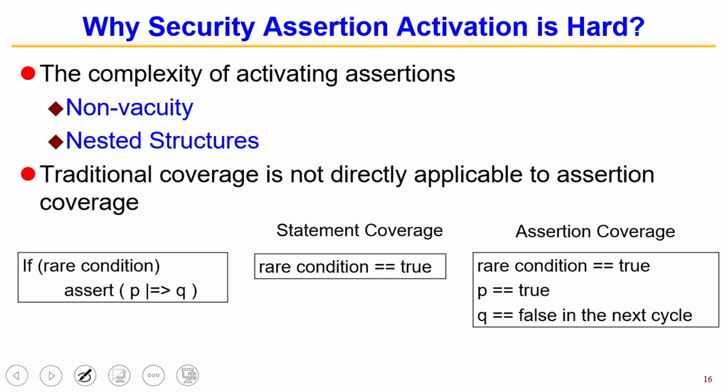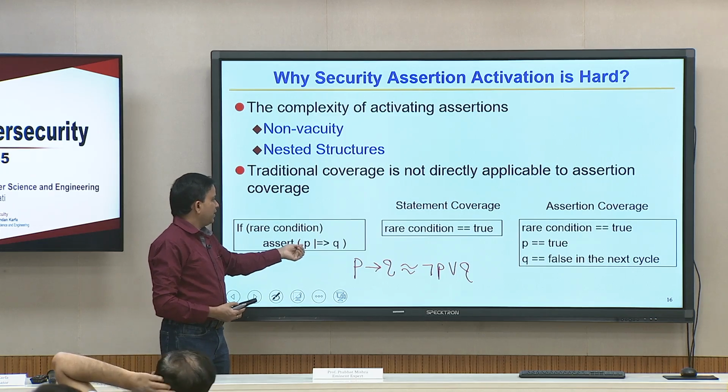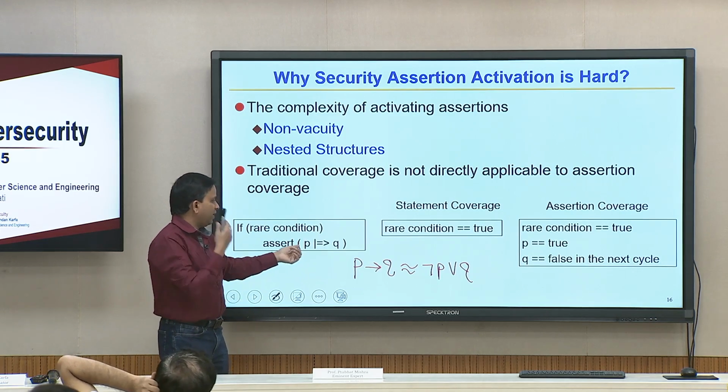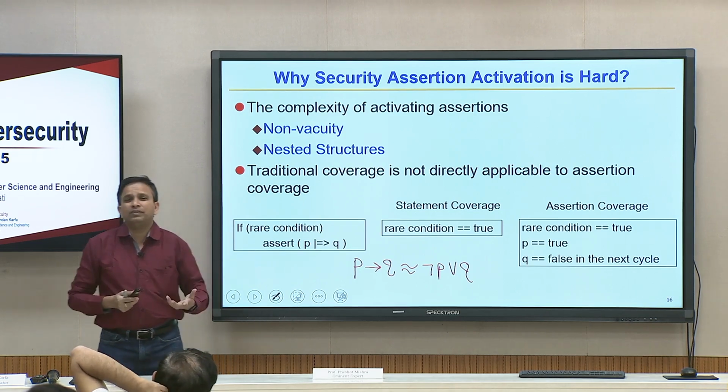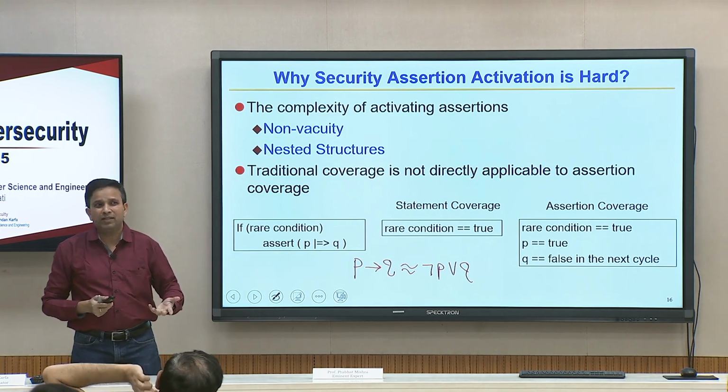If you remember, in Boolean logic, P implies Q is equivalent to not P or Q. So we cannot make it fail non-vacuously, sorry. This logic will fail if P is false, but P being false is not what we are trying to check here.